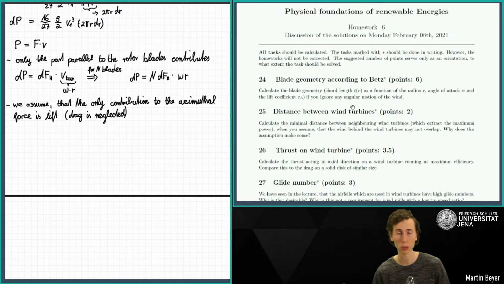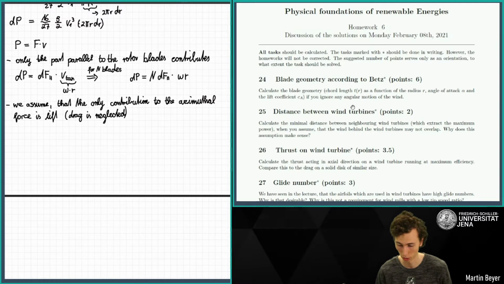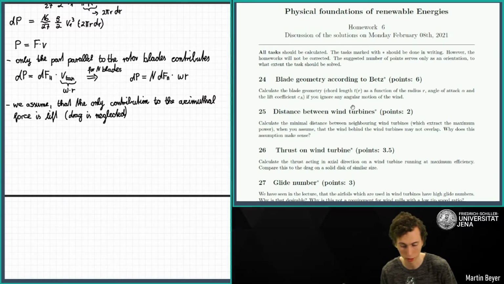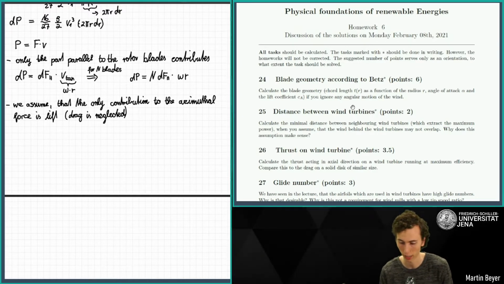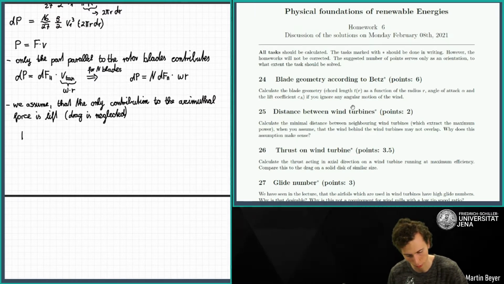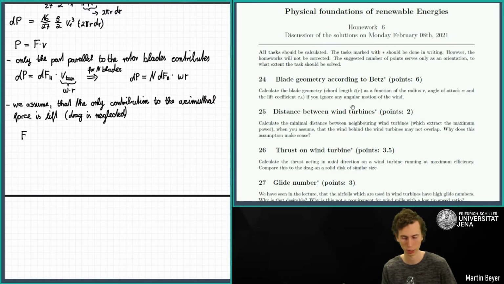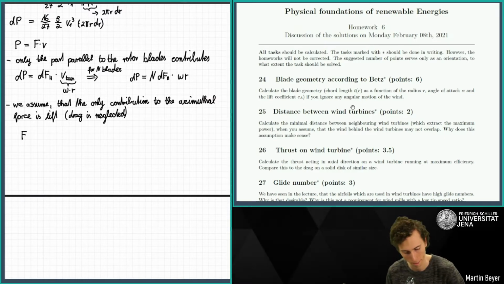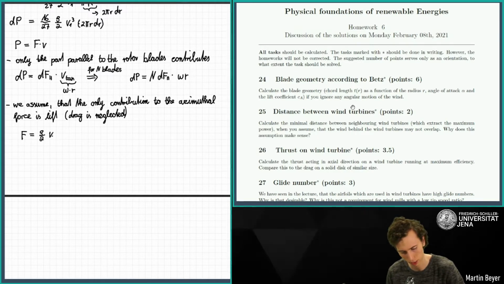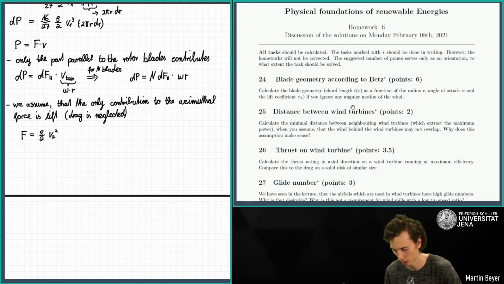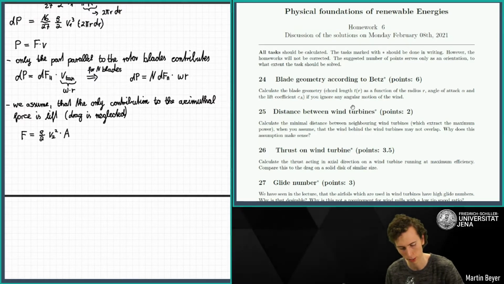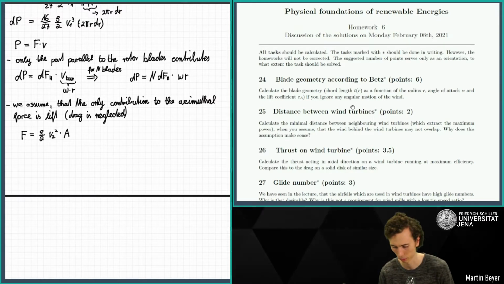So now we want to see what the force looks like. Maybe let's do a little derivation to motivate this formula. You can also find this in the script. So for the force due to just lift, we can write rho over 2 times the velocity in the plane squared times the effective area that the wind sees.